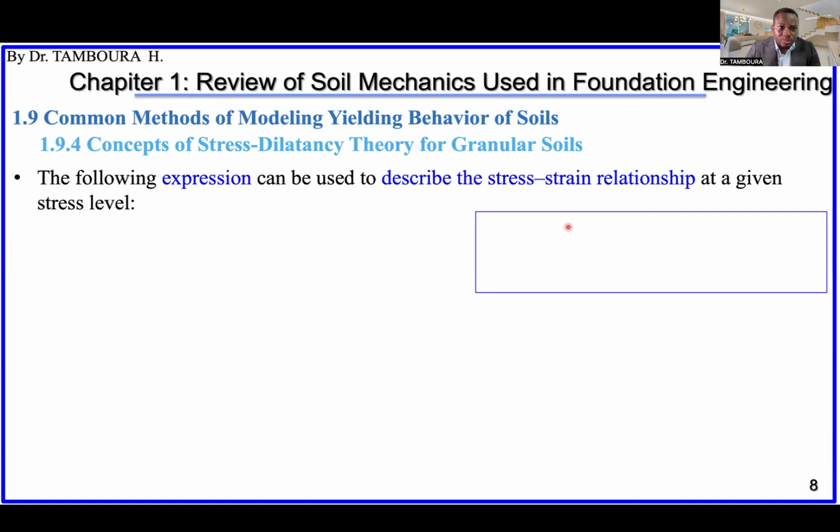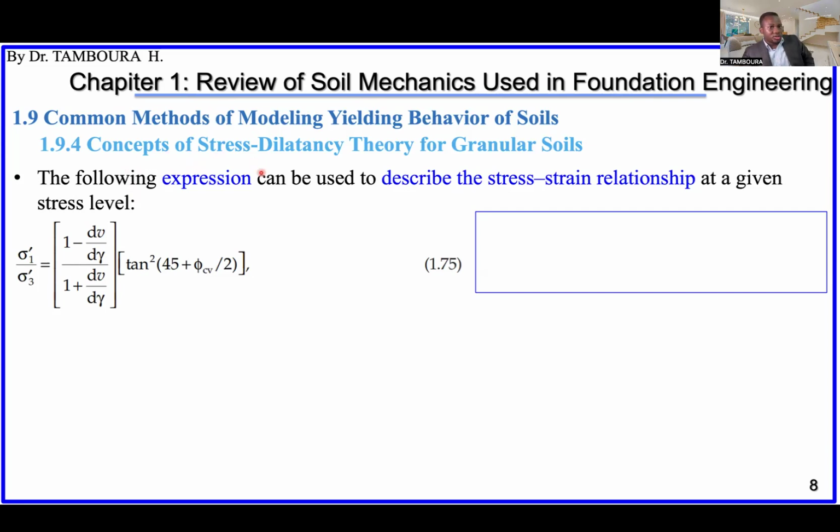These assumptions can also be used to describe the strain. As we say, this is the equation that is giving the relationship between stress and strain, the concept of stress-dilatancy theory.